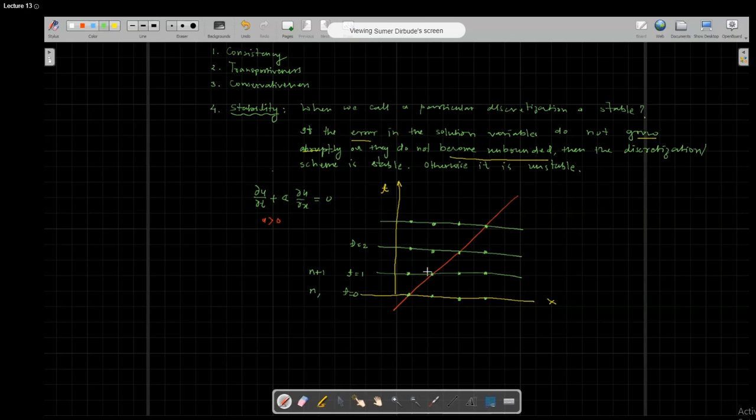So suppose the solution here is of this nature, and this value is delta, then at every other place this solution will just shift. It will remain delta only.